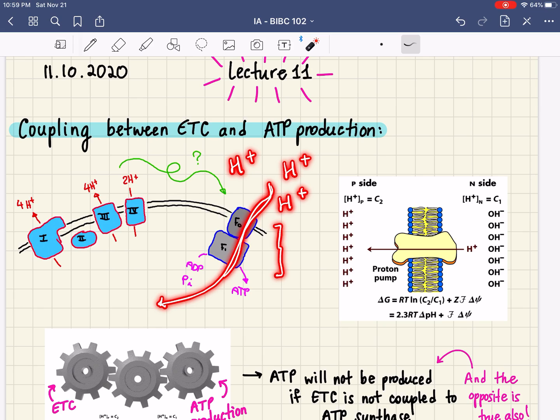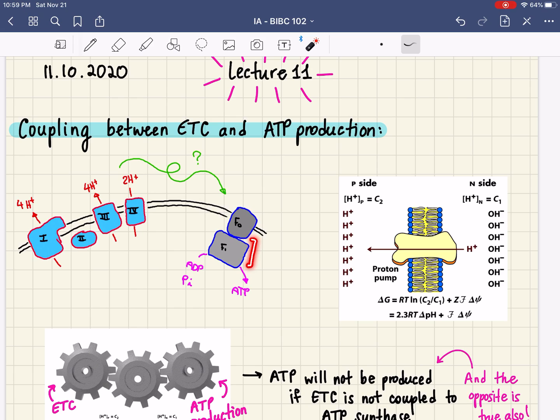And this energy allows for this subunit of ATP, well, the whole thing, to rotate, and that rotation changes different conformations in the F1 portion of the ATP synthase, and those conformations allow the phosphorylation of ADP. Okay, so ATP is formed by oxidative phosphorylation instead of substrate level phosphorylation.